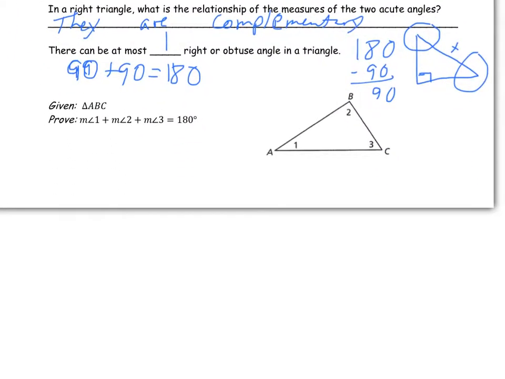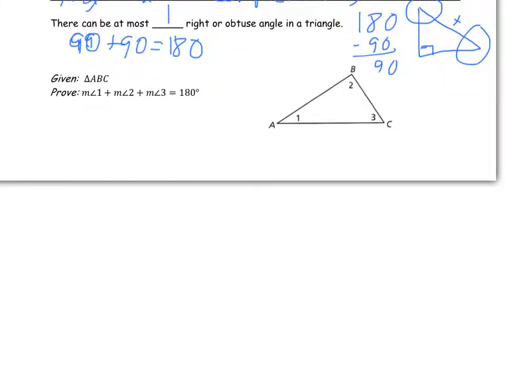All right, now here's a proof we're going to look at to kind of prove this triangle angle sum theorem. So we have triangle ABC. If I was to draw a parallel line to AC so that these two lines were parallel, and we labeled this angle 4 and this angle 5, you would all agree that angle 4 plus angle 2 plus angle 5 form a straight line, straight angle, which is 180 degrees.